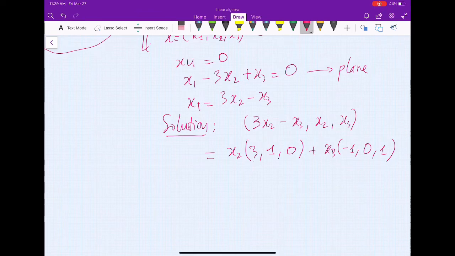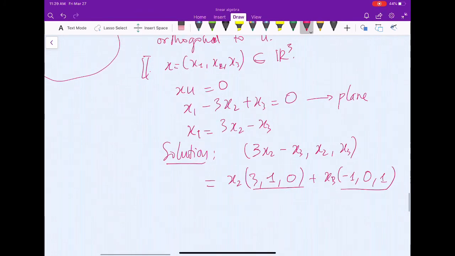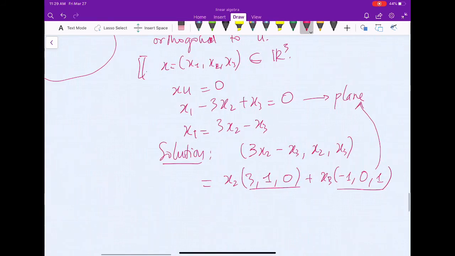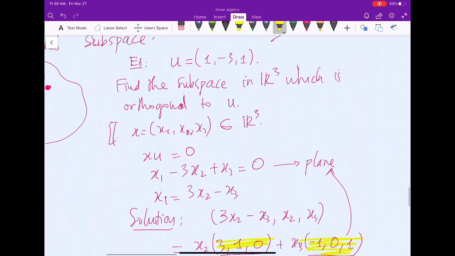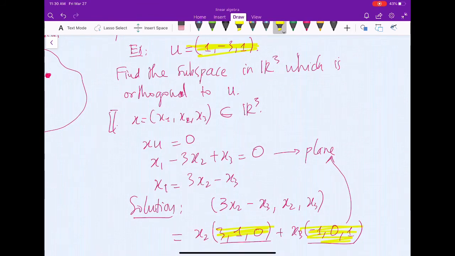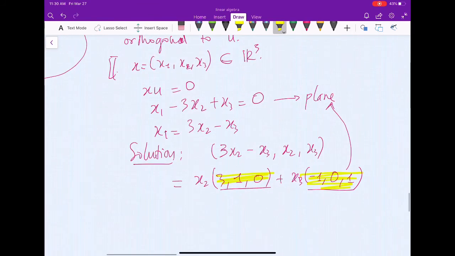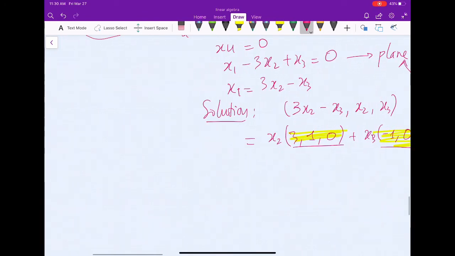You see? And these two vectors form a basis of this subspace. If you want, you can check that. Actually, these two vectors are orthogonal to vector u. Just check the dot product. Agree? All right, so let's move to the last problem.